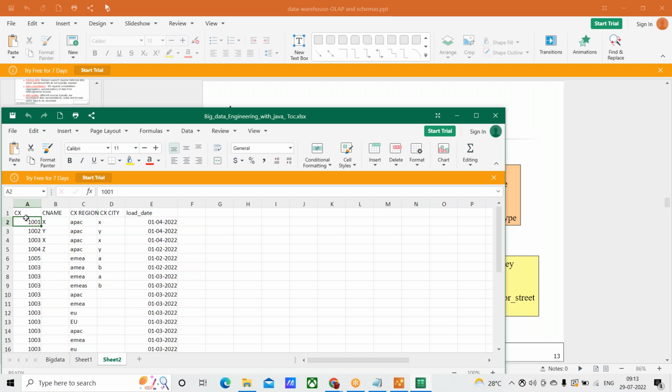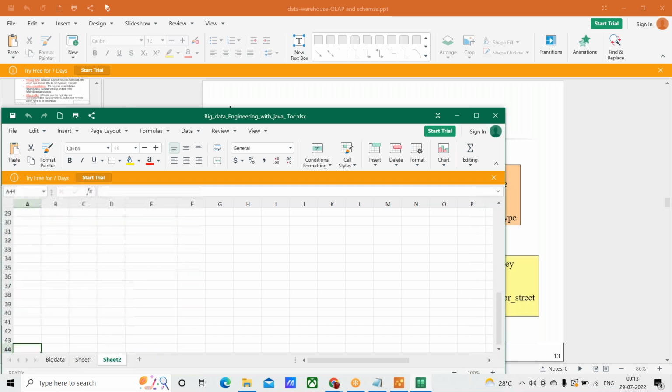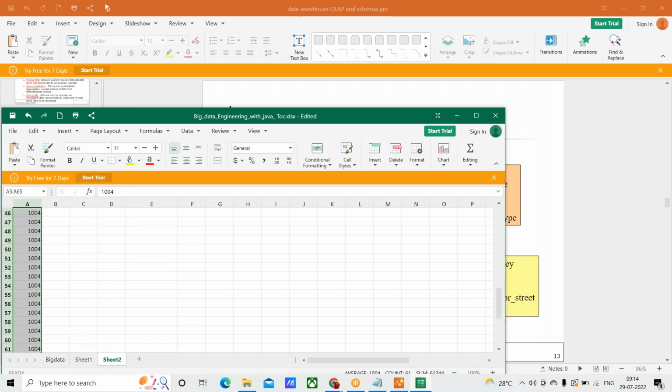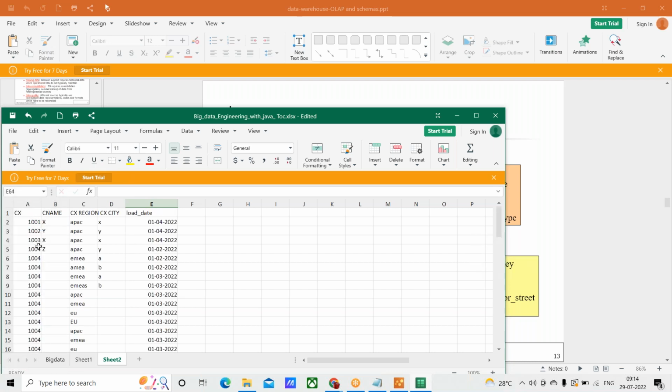See, customer ID will have a unique ID for every customer. Customer ID 1, 2, 3, like that. 1 million records will be there here. All are unique. So you consider them as unique.